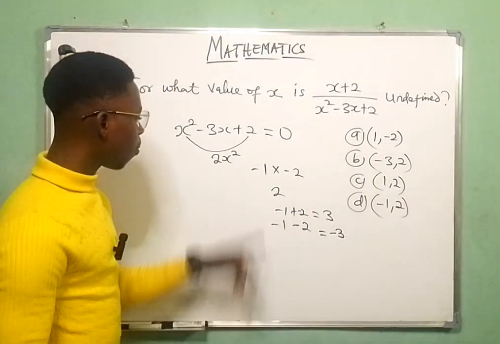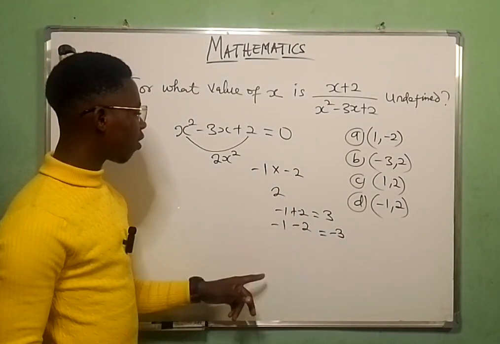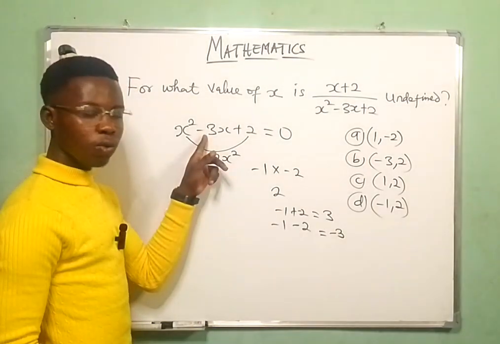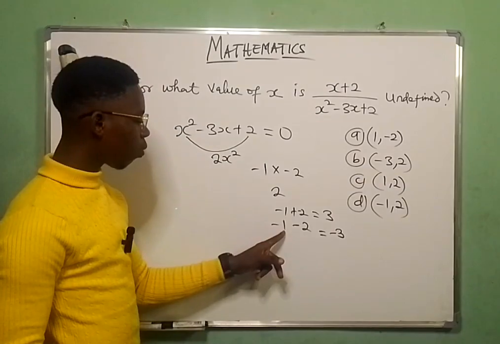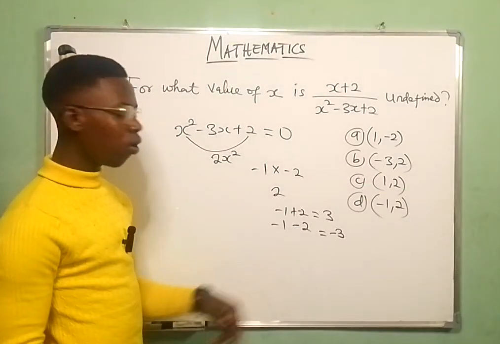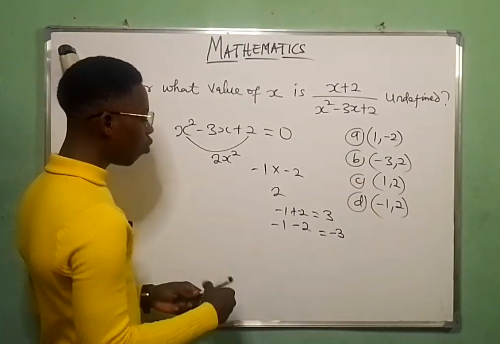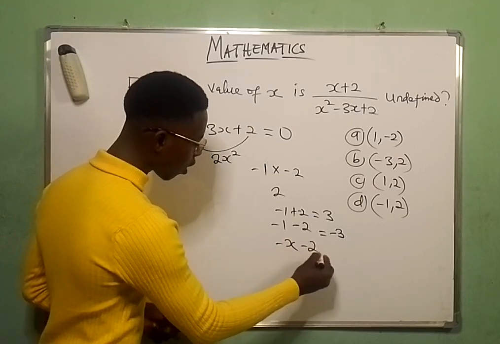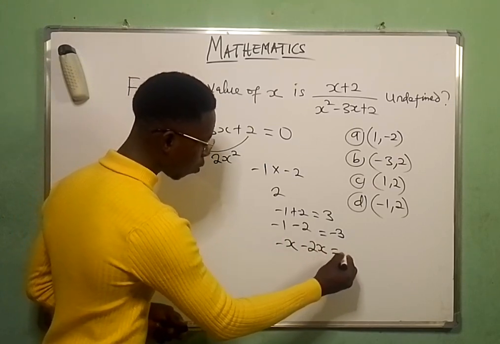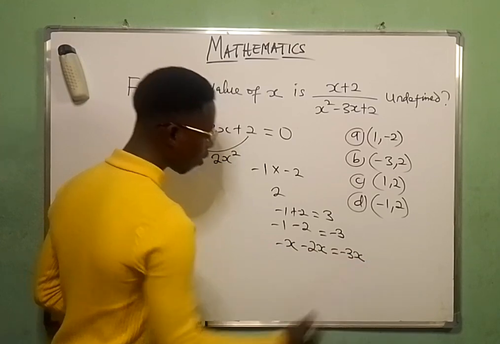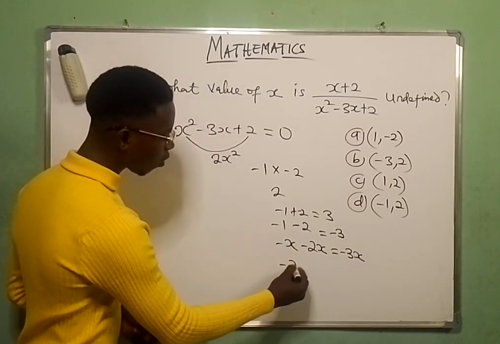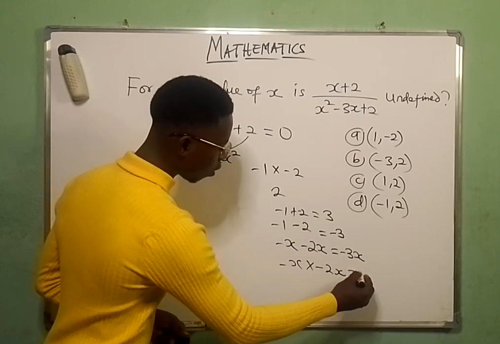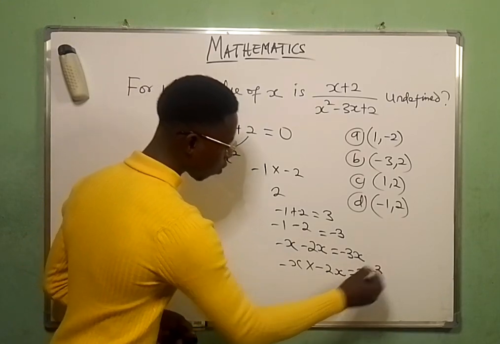Now you see that minus 1 and minus 2 satisfies this and also satisfies this. So we are going to be going with minus 1 and minus 2. But don't forget that 1 here will be replaced with x, which is minus x minus 2x equal to minus 3x. And here you have minus x times minus 2x will give me 2x squared.